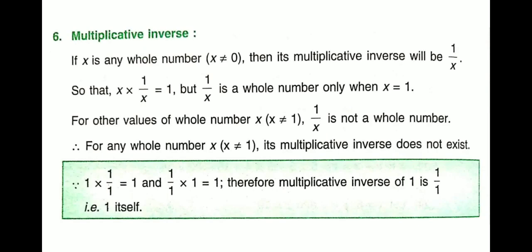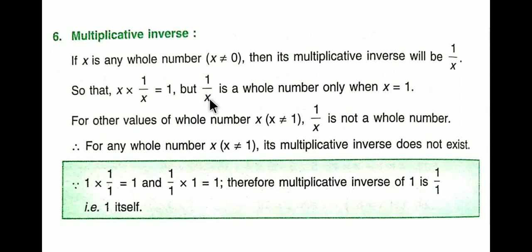Next is multiplicative inverse. Inverse means upside down, like x times 1 by x, the upside down of x is the inverse. When you multiply a number with its inverse, the value obtained is always 1. But 1 by x is a whole number only when x becomes equal to 1.